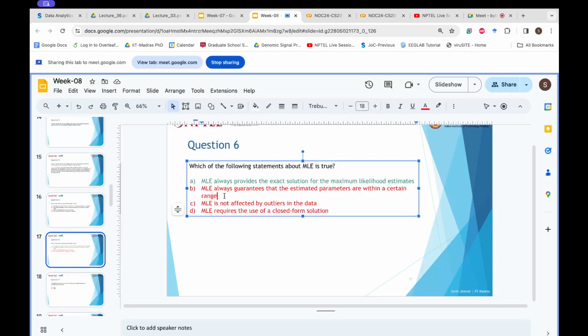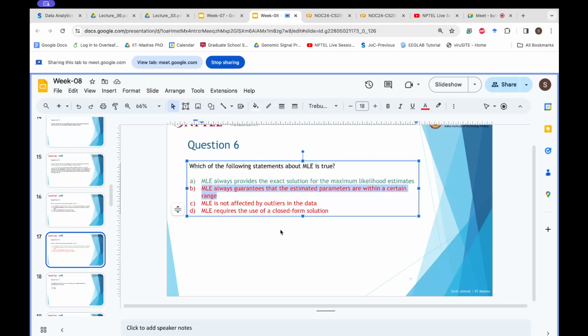Okay, why is this not the case? MLE always guarantees that the estimated parameters are within a certain range, because you do not know the particular range of mean. In the case of, let's say, normal distribution, you don't know the exact range in which your mean and the standard deviation will lie given the data points.